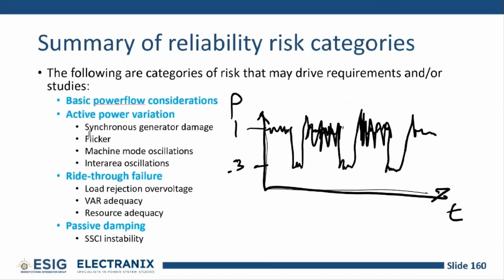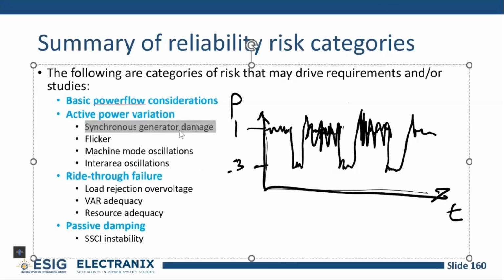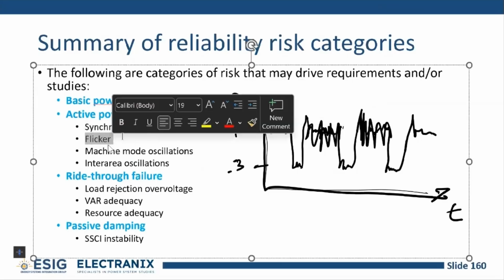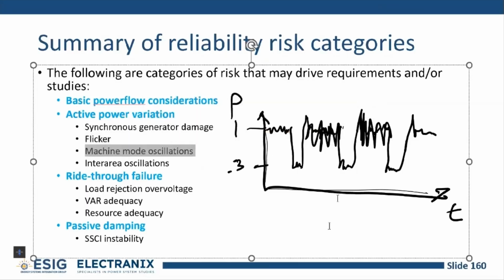So with this active power variation, we're worried about synchronous generator damage, and we'll talk a lot about that. We're worried about flicker, right? This is going to be bumping the voltage pretty hard. We're worried about machine mode oscillations. If this happens at, let's say, 1.5 hertz or 1 hertz, we're now at a fundamental frequency machine mode.